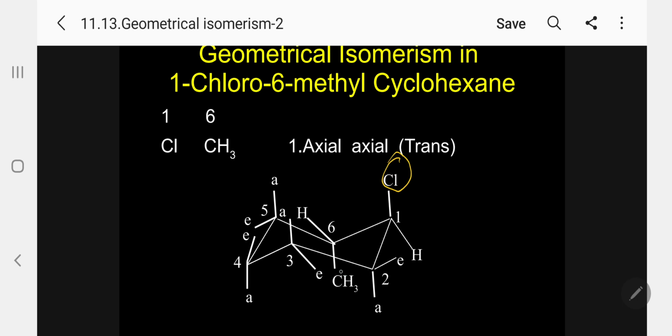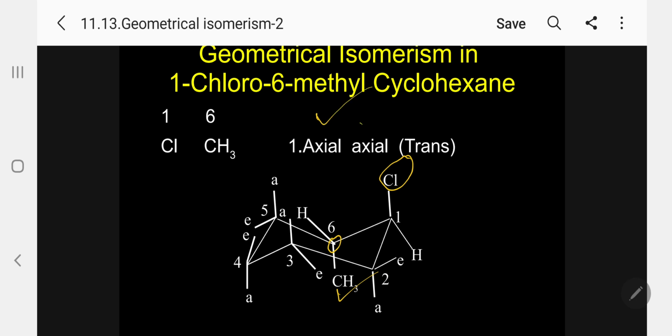Kindly follow, this is given wrongly; chlorine should be at 6, right. This is chlorine axial, this is the carbon atom, so this is axial.